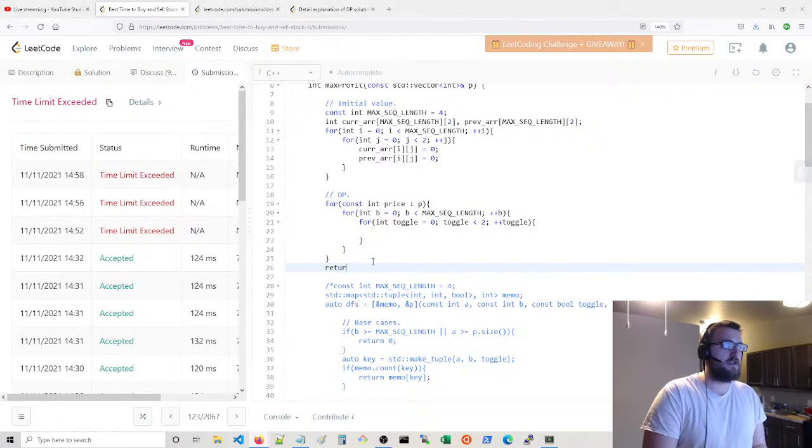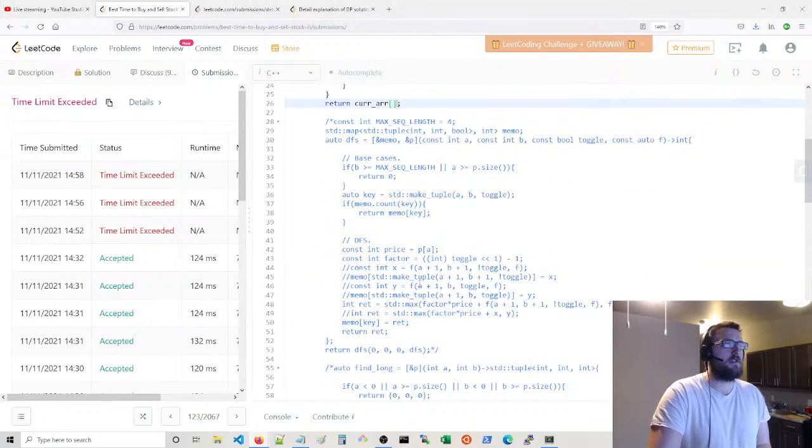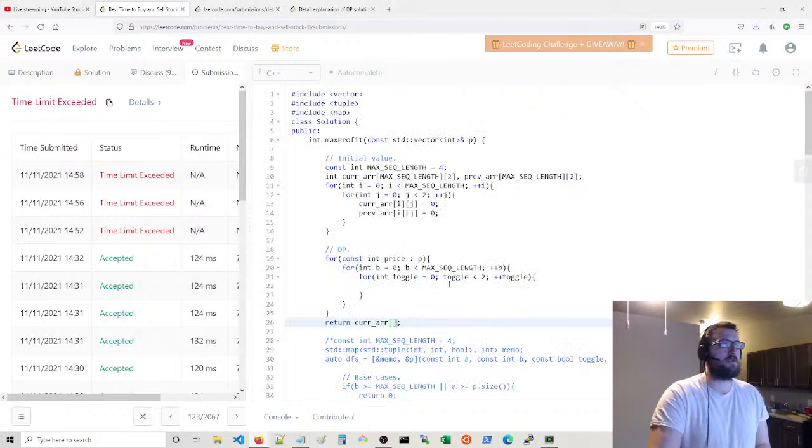And then we're going to return at the end of this current array of, we said 0, 0 for the DFS, so it should be 0, 0.